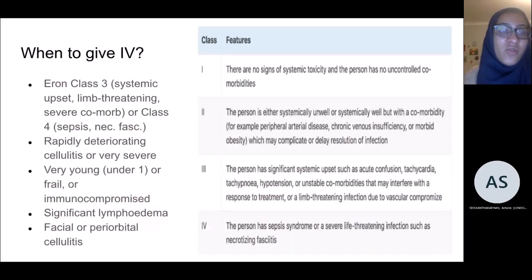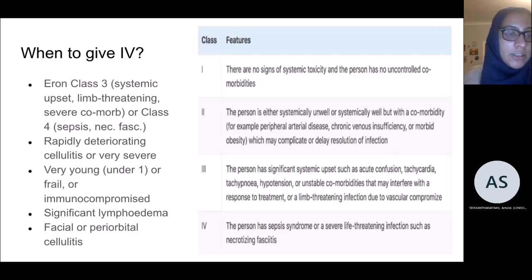Now, in terms of when you might want to give IV antibiotics, there's something called the Eron classification of cellulitis, and you can see it on the slide here. Essentially, you might want to consider giving IV antibiotics if they fall under class 3 or 4, which means they have systemic upset, or they've got a limb-threatening infection because of necrosis of the tissue, or they're really badly septic.